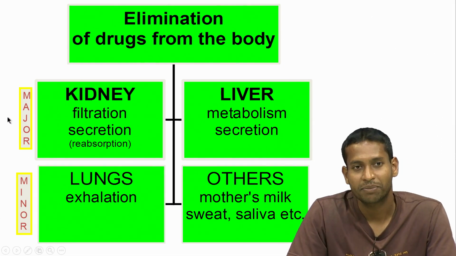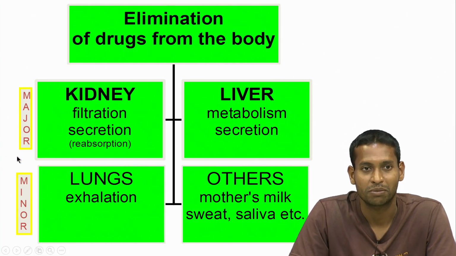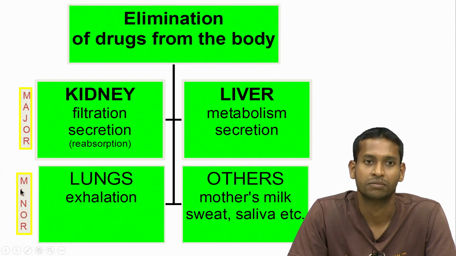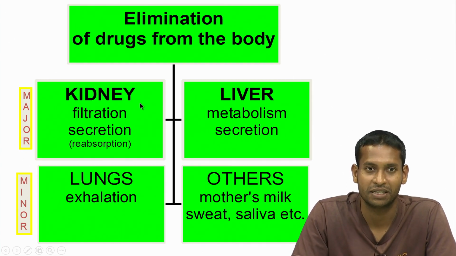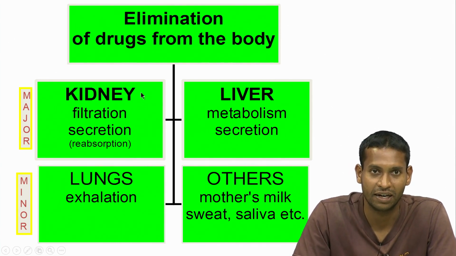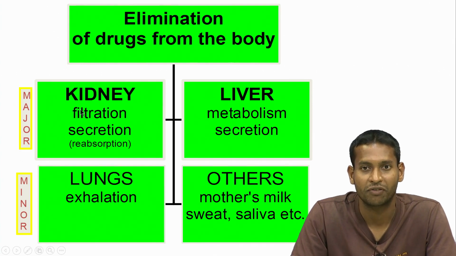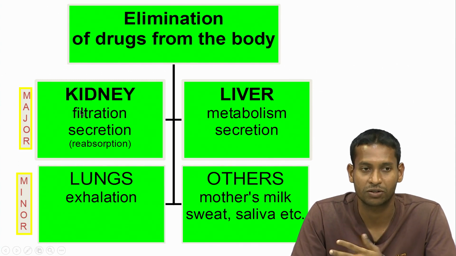There are a few major mechanisms and minor mechanisms that are responsible for the clearance or elimination of the drug. By far the most major mechanism is through the organ called the kidney. As you might already be aware, we secrete a lot of urine through which we clear lots of drugs from our body.